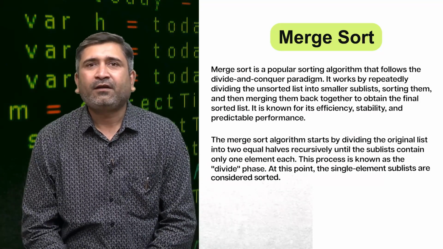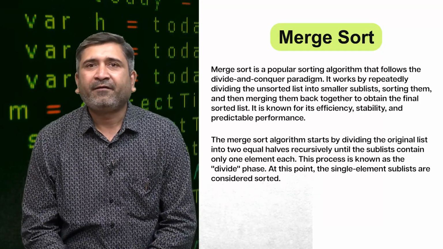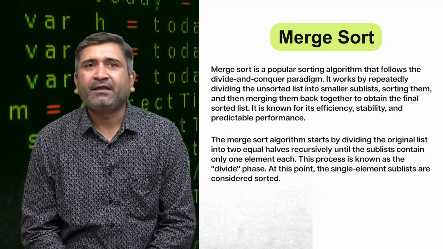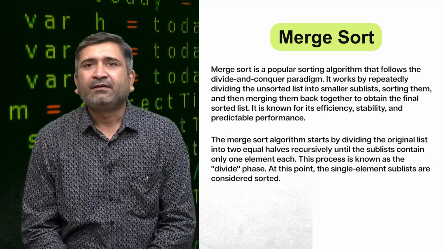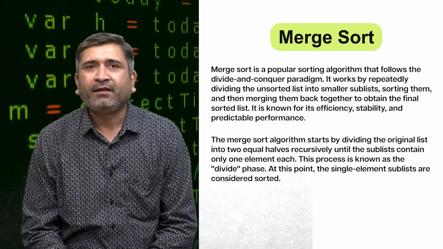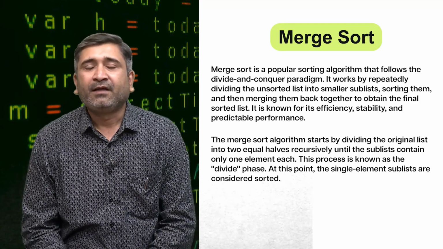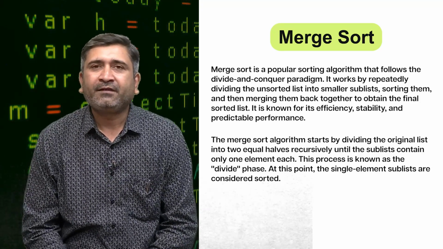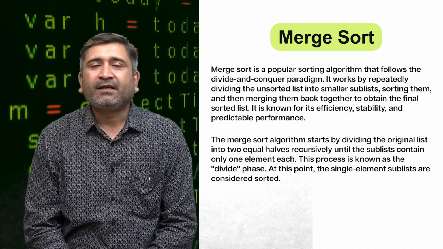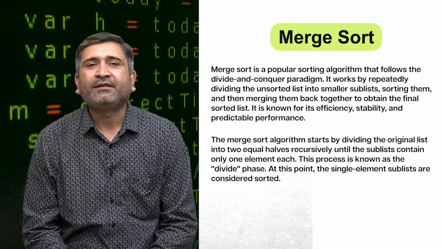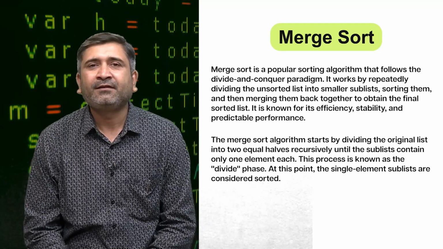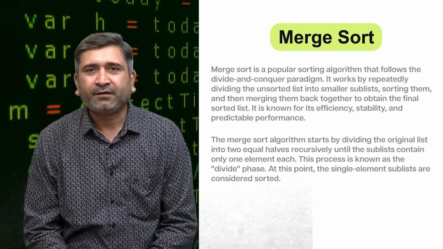The merge sort algorithm starts by dividing the original list into 2 equal halves recursively until the sublists contain only one element each. This we have already discussed in the previous slides. We are repeating this because these are standard definitions taken from standard sources.